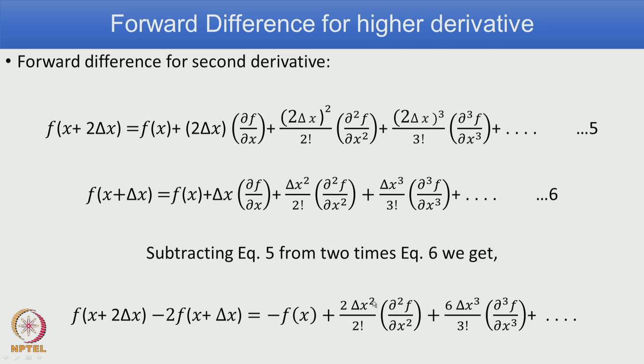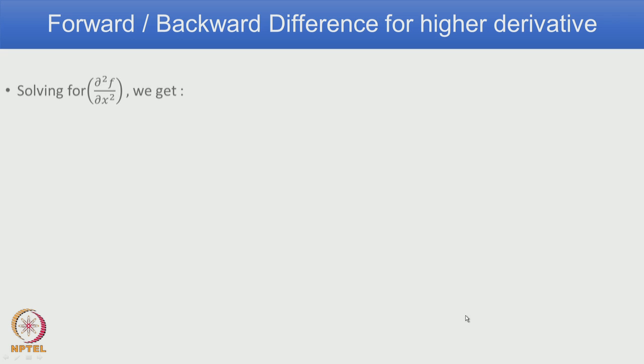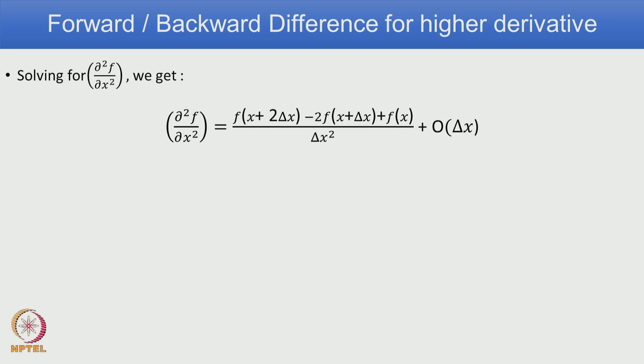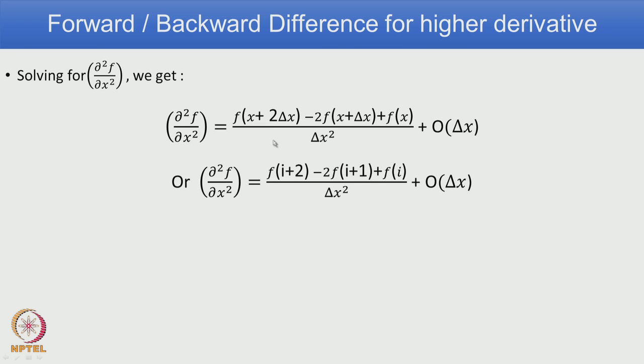If you bring Δx squared from one side to the other side, this Δx cube will get reduced to only Δx. If you do that, then we get [f(x+2Δx) − 2f(x+Δx) + f(x)]/Δx² and of order Δx for the second derivative ∂²f/∂x².